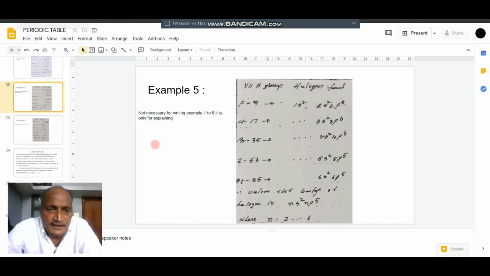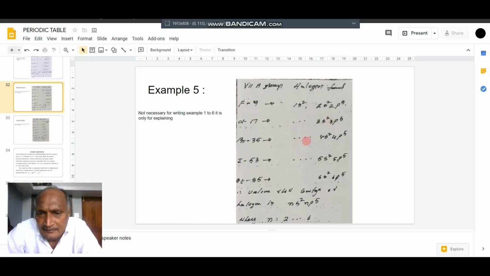Coming to another example of halogen, that is chlorine, having atomic number 17. Configuration can be written as 1s2, 2s2, 2p6, and 3s2, 3p5. 5 electrons of chlorine are entering into the 3p subshell as 3p5. Hence, chlorine is a p block element.